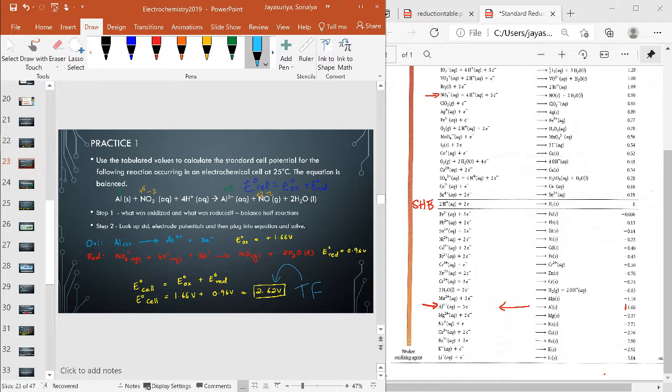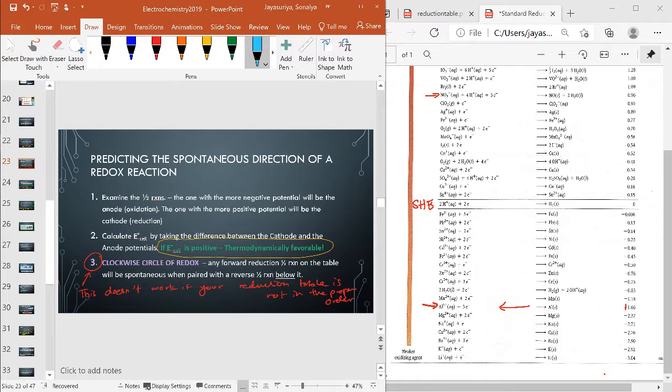Okay, so here's how you do this without actually doing a calculation. This is really only useful if you have the standard reduction potential table with the correct order of things, with the numbers properly arranged. Like usual, a standard reduction potential table will have everything in order, but you may not get it for the AP exam.